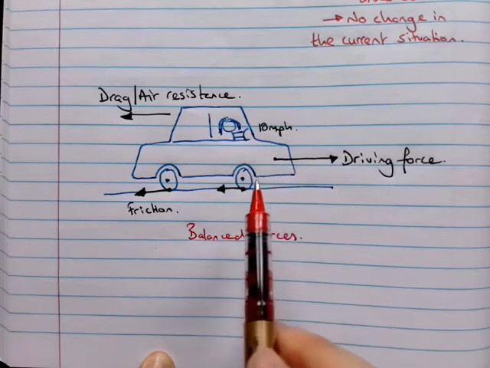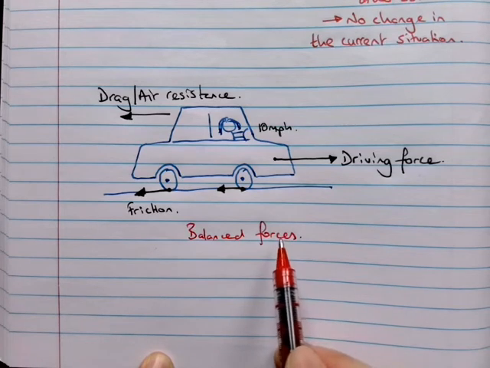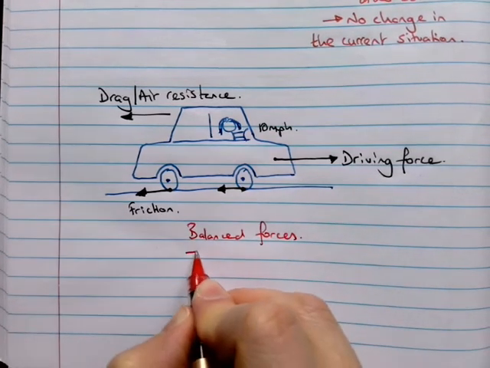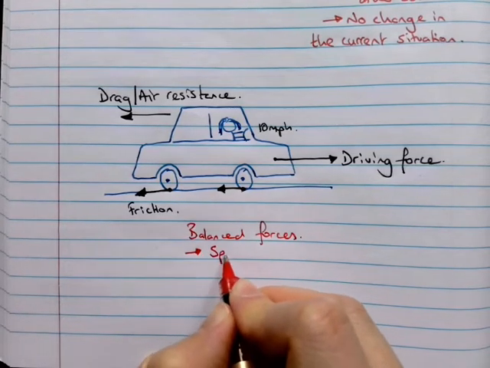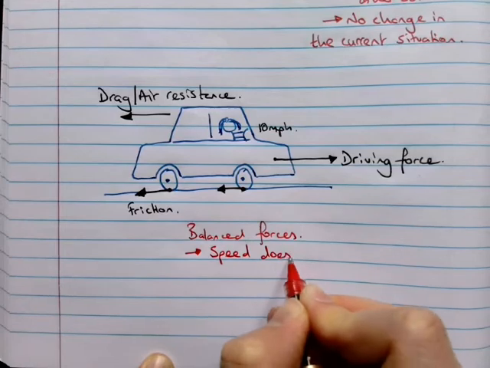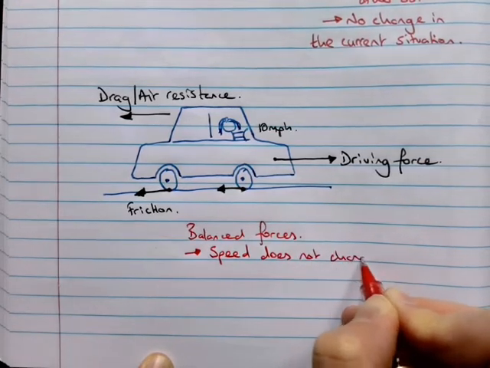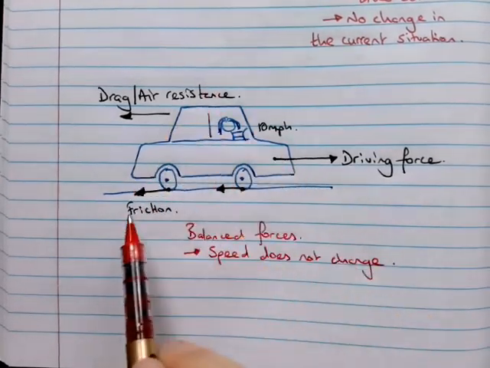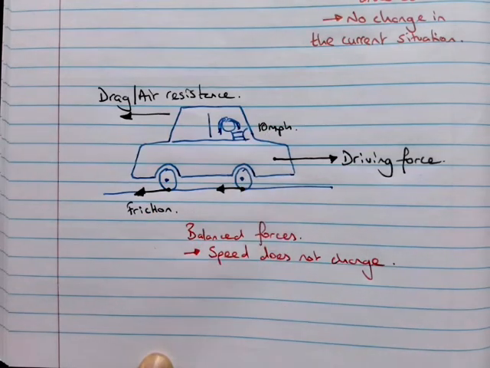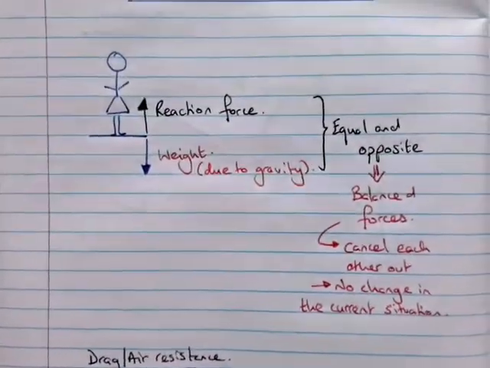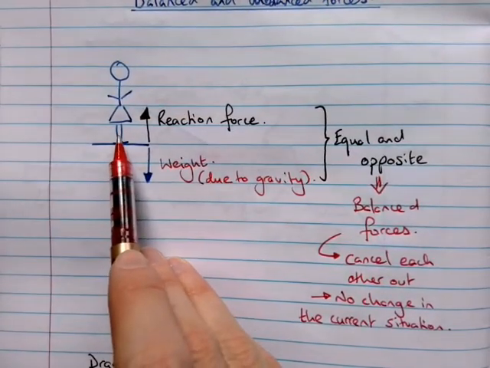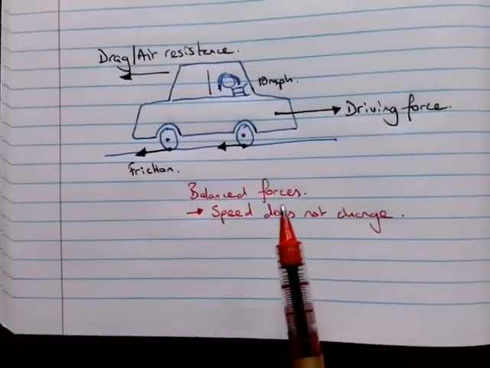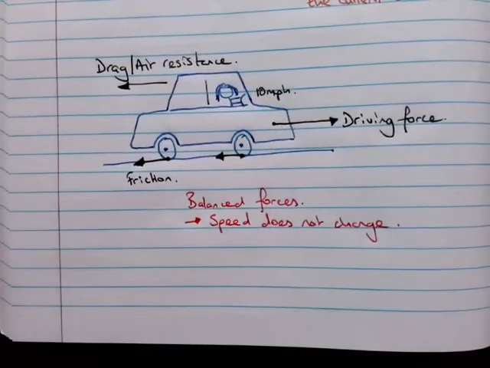So what does it mean in this situation? It means you do not get any faster or slower. The speed does not change. Because all the forces are balanced, you stay going 10 miles per hour. So you can think about yourself up here: because all the forces are balanced, you stay still. And here, because all the forces are balanced, you stay at 10 miles per hour.